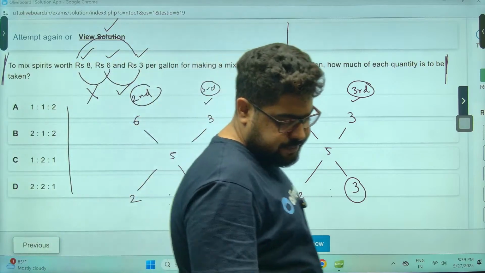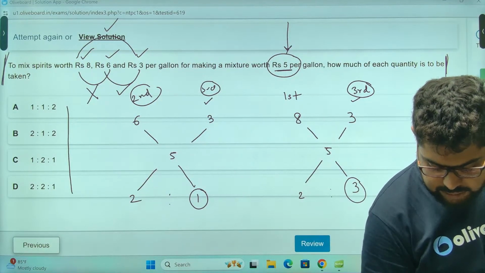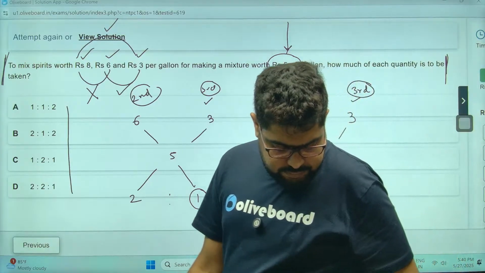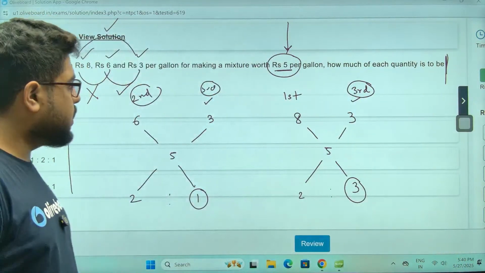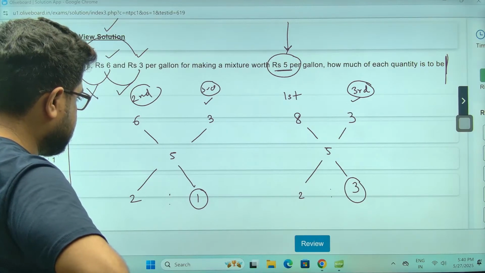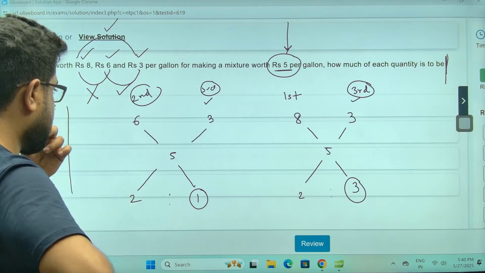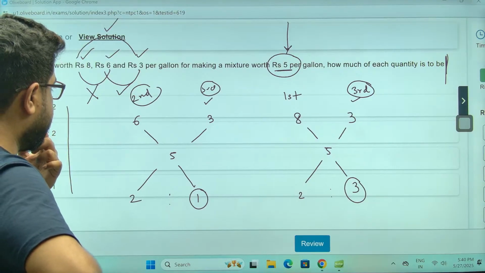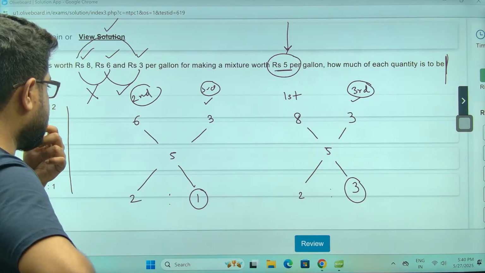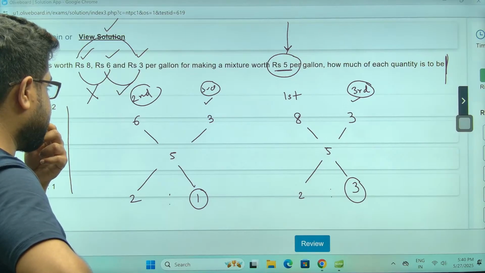Wait sir, something is not right. Comments have also stopped coming. If you do this, 6, 3. First one is not matching. It should have matched.